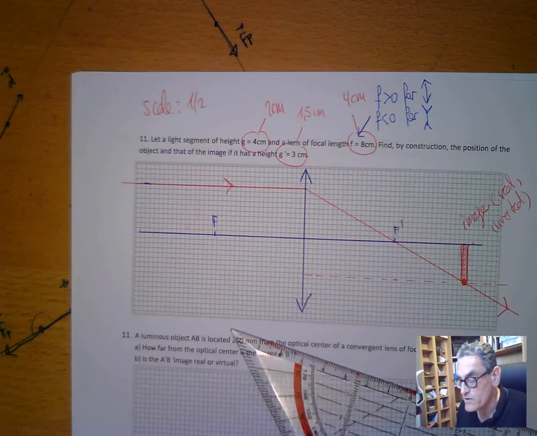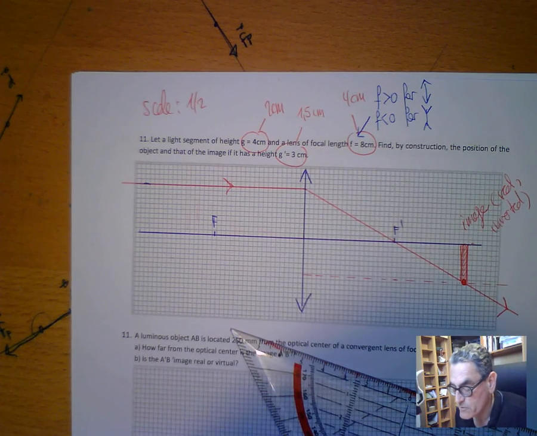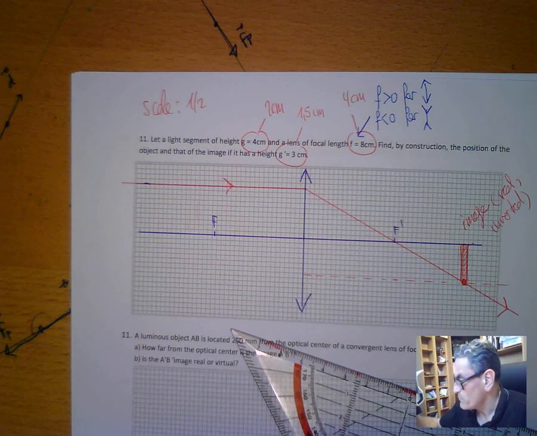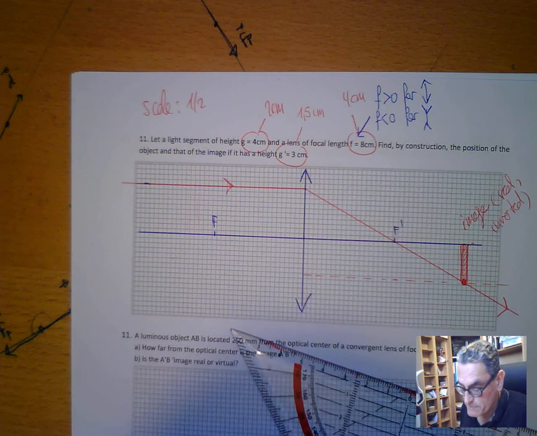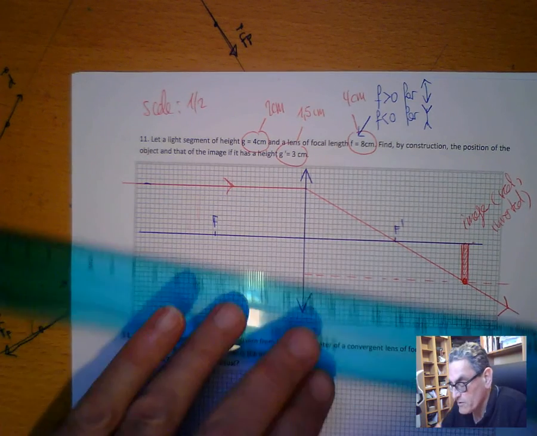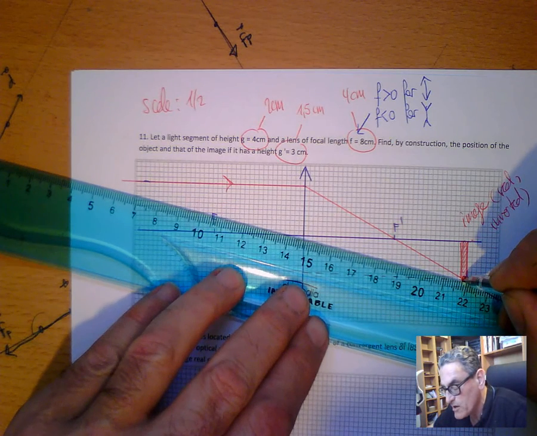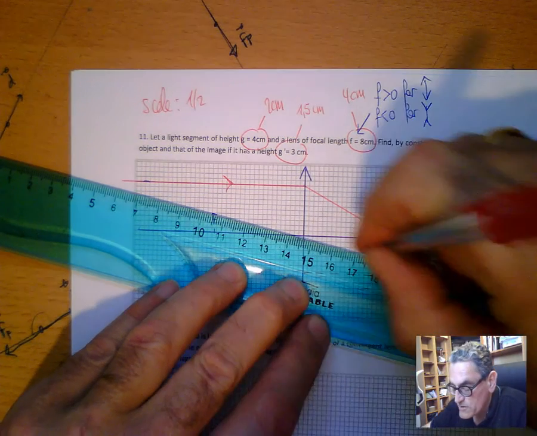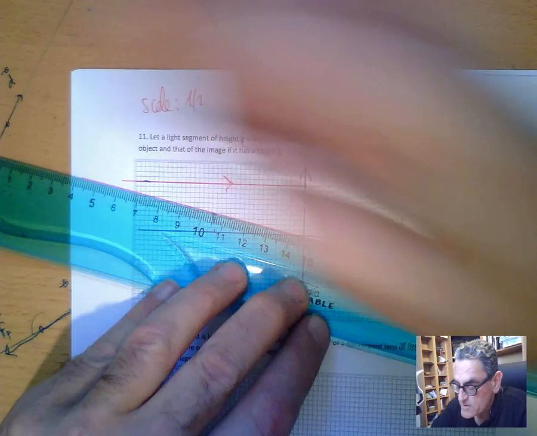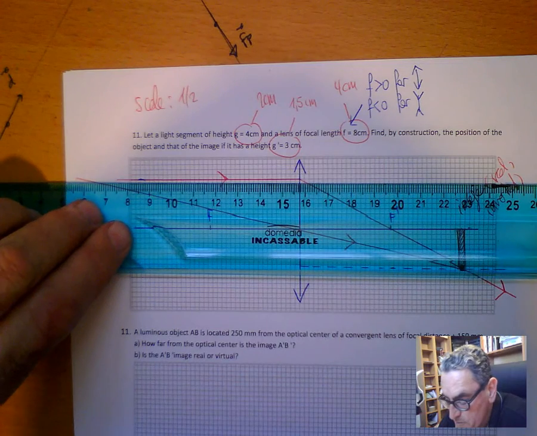And now, how can we construct where the object is? What would you do? This you should be able to find. Well, you can just use another light ray, the light ray which passes through the center, because you know that in order to have an image here, you need to have this light ray arriving like that from the center of the lens, right?